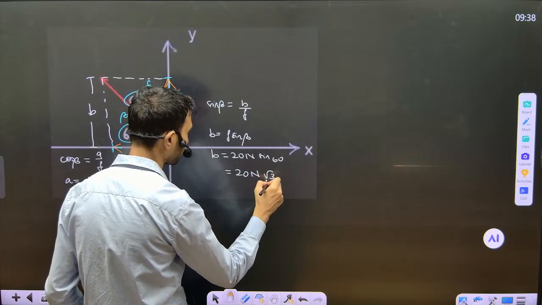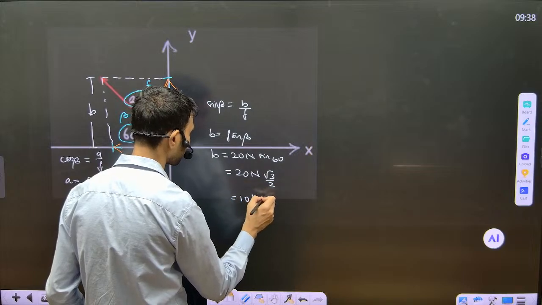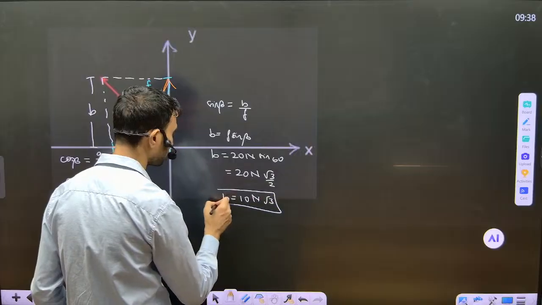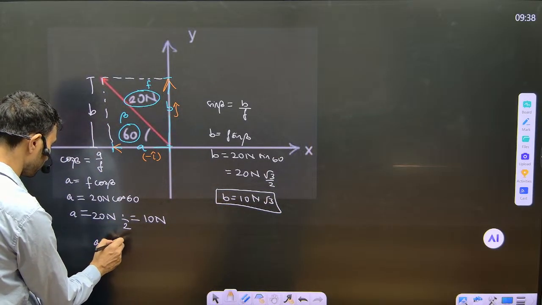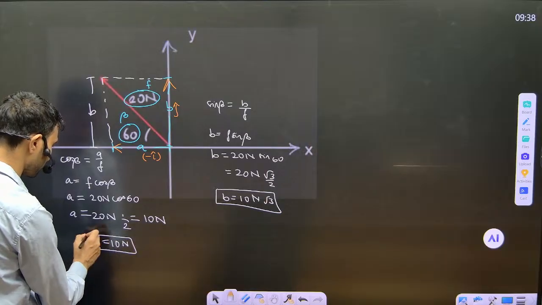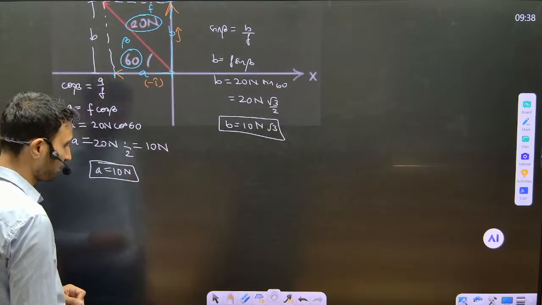Sine 60 is root 3 by 2. So we got the value of A and B.